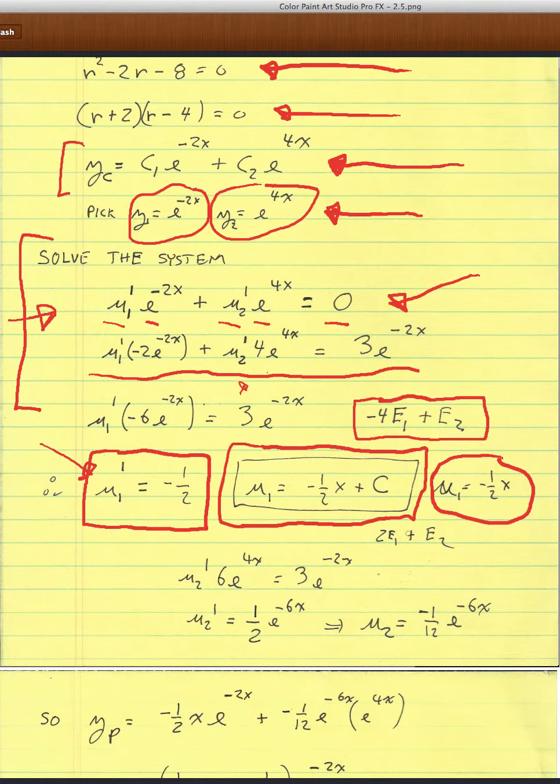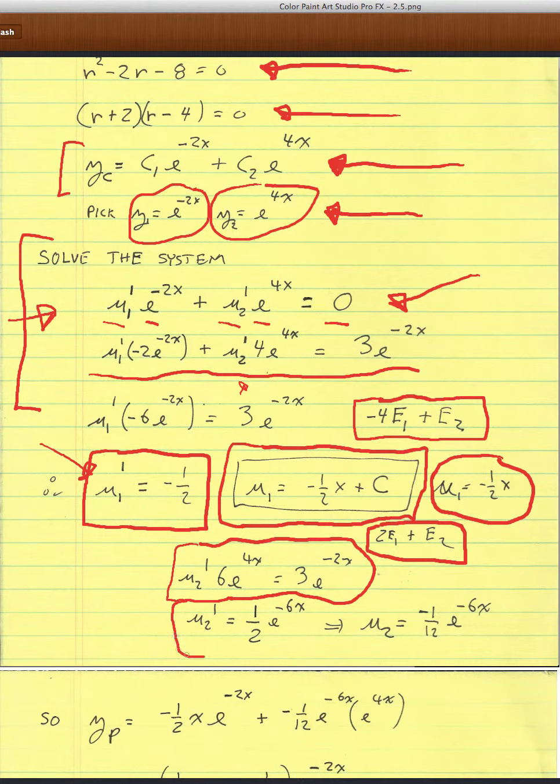Now, to find u2 prime, I would take 2 times equation 1 plus equation 2. If you look at that, that will give us an equation that does not have a u1 prime in it. We get that u sub 2 prime times 6e to the 4x has to be equal to 3 e to the minus 2x.